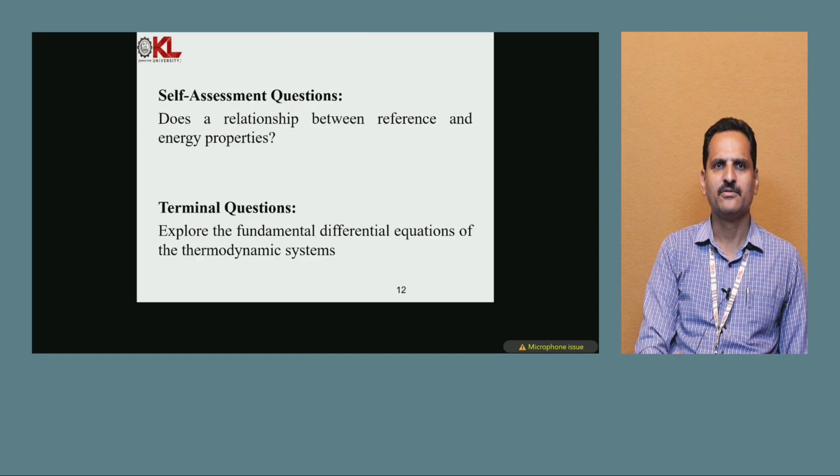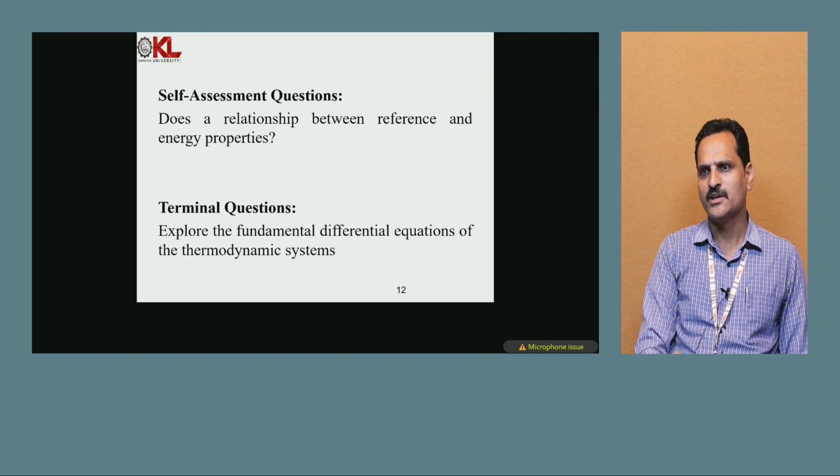So these are the self-assessment questions based on the properties of thermodynamics. In thermodynamics, there are a number of properties. Those properties are classified into three groups: primary properties or reference properties, secondary properties or energy properties, and third, tertiary properties or derived properties.